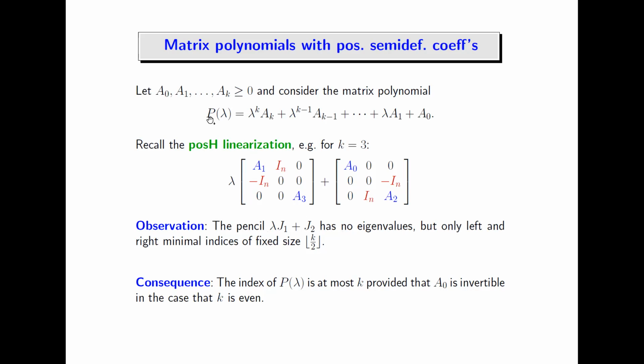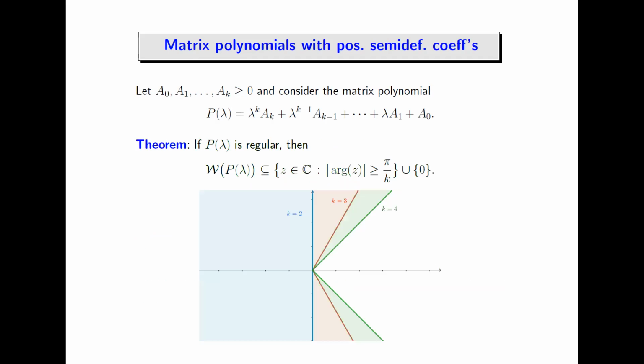So you find out that the index of such a matrix polynomial cannot be larger than the degree of the matrix polynomial, which fits nicely to the theory that we had for the quadratic case. We may have index 2, but for a cubic case, we may have index 3, but not higher, and so on. We can also say something concerning the eigenvalues.